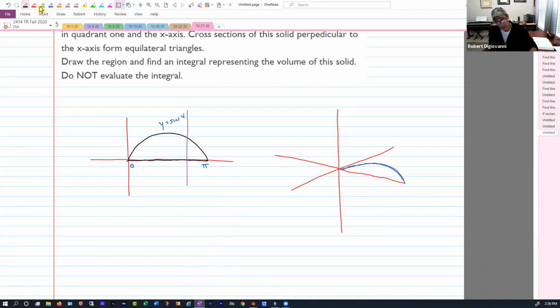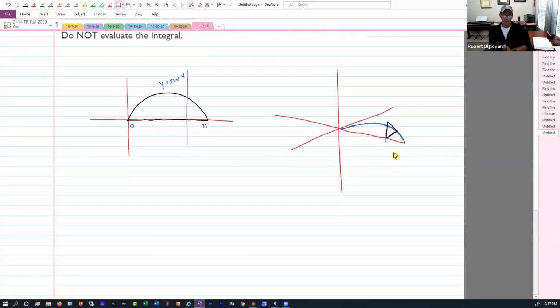Now I'm going to imagine cutting perpendicular to the x-axis. So I can cut anywhere I want. I'm just going to pick an arbitrary cut, right there. Now, when I cut this, I know that the cross section looks like an equilateral triangle. So it goes up and back down. I'm going to take that triangle and zoom in on it. Here it is.